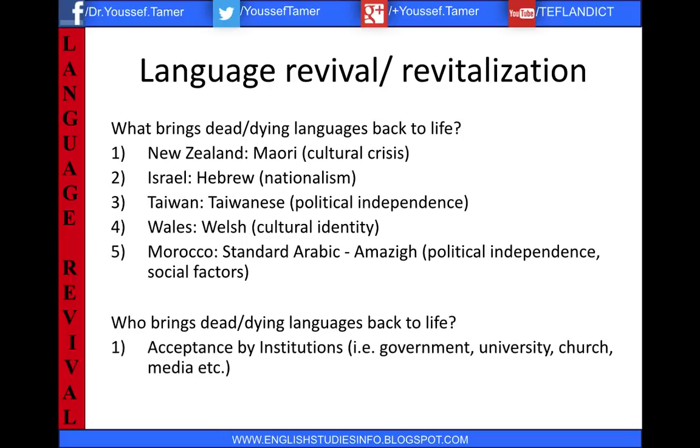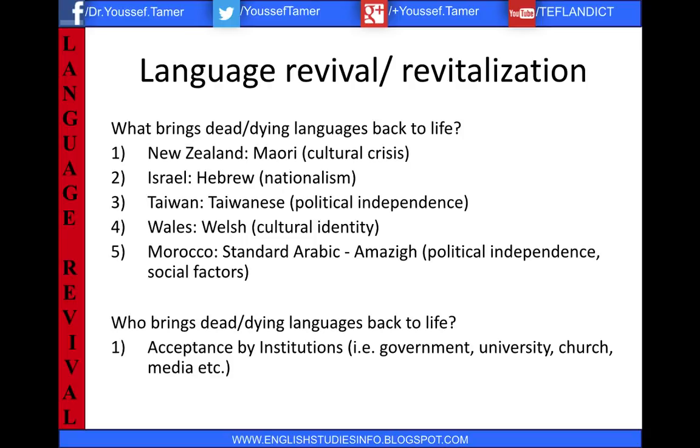Other reasons that also have a role in helping bring dead or dying languages back to life are, of course, the institutions in the country. Acceptance by institutions: government, university, church, and media.